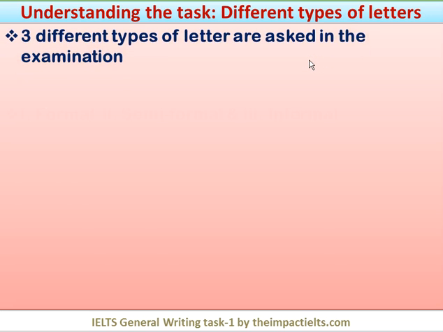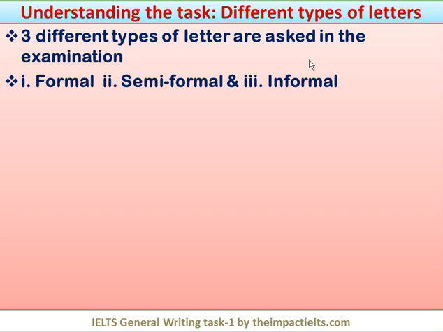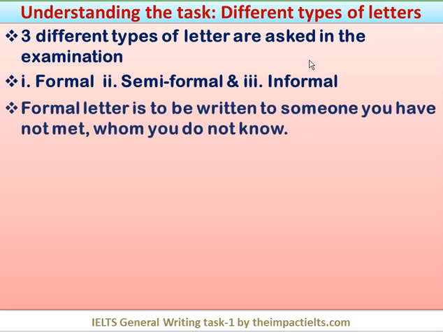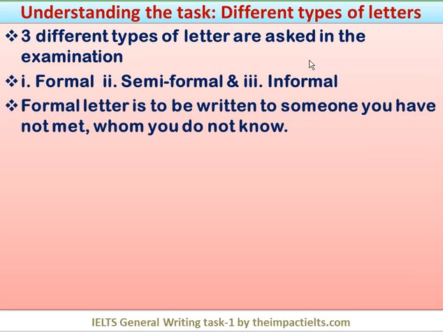Three different types of letters are asked: formal, semi-formal, and informal. Formal letters are the letters which have to be written to someone you have not met, or even if you have met, perhaps you don't know him very well, especially by name or sometimes even by gender.